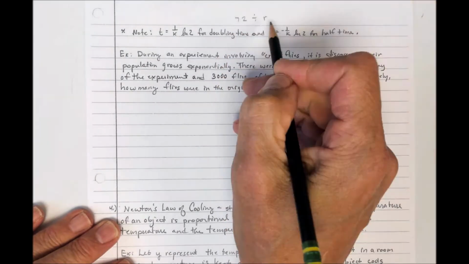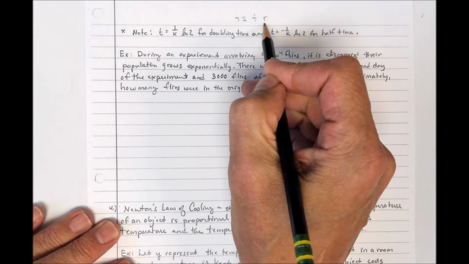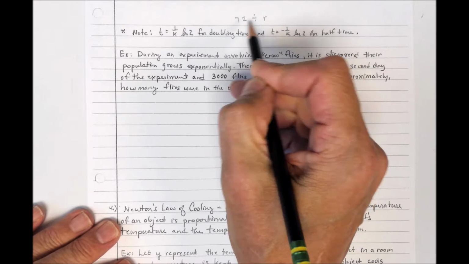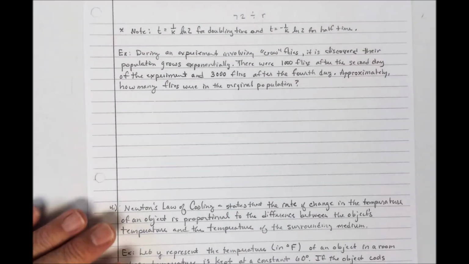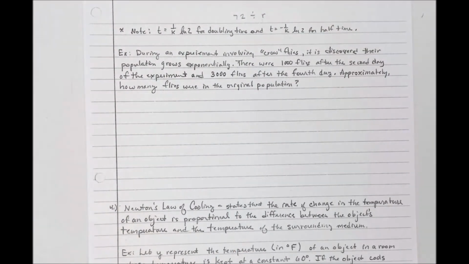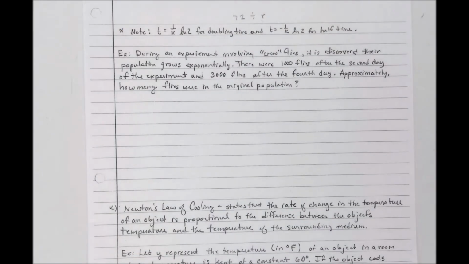Now, if the rate is like 8%, R would be an 8 here, and 72 divided by 8 would be 9. It would take approximately 9 years to double. So that's always handy. It's just an approximation, though. This would be a good thing to keep track of as you're working some of these problems out.